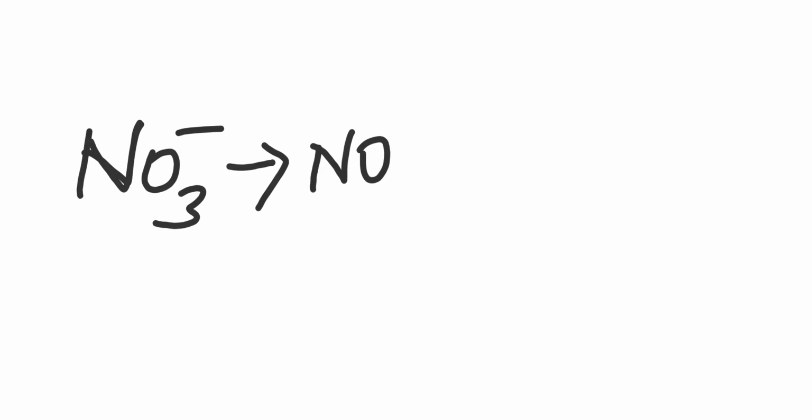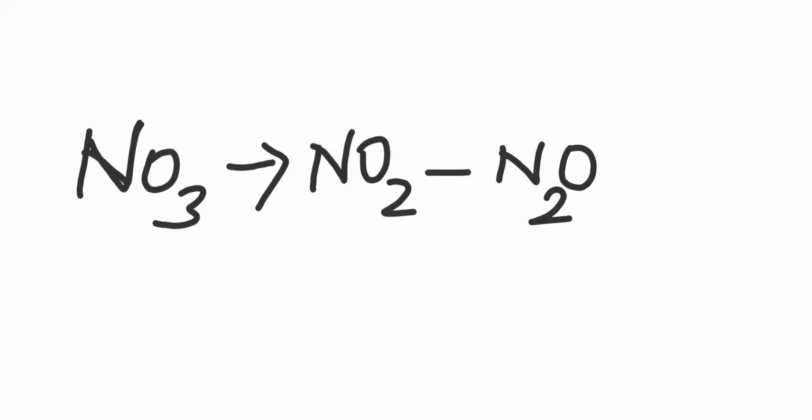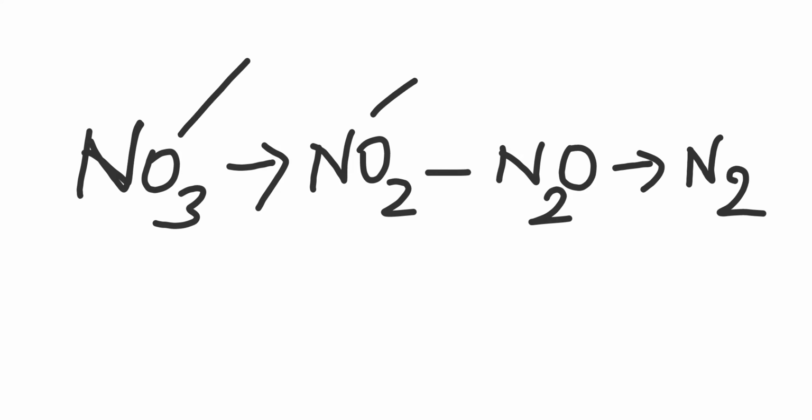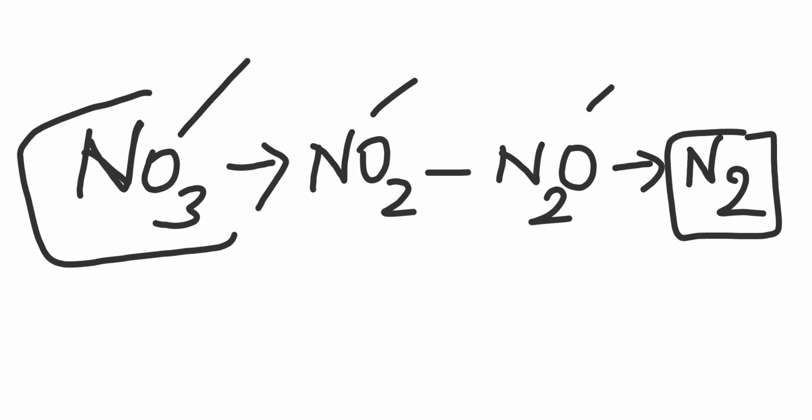Now next, one more thing. NO3 minus converts into NO2, NO2 converts into N2O, and N2O converts into N2. Gradually the oxygen is released, and from that nitrogen is formed. That's the denitrification process.